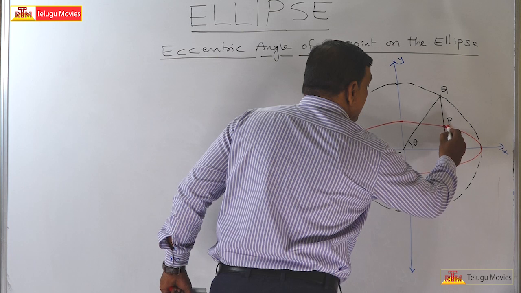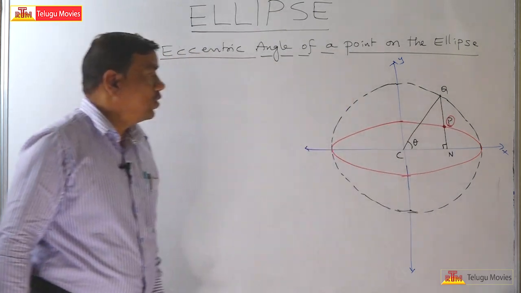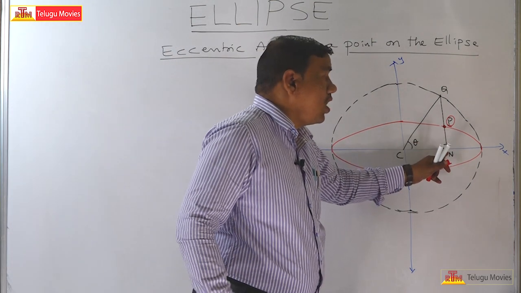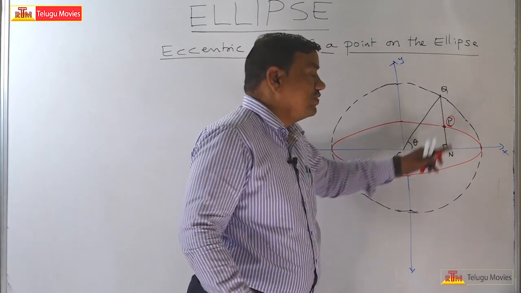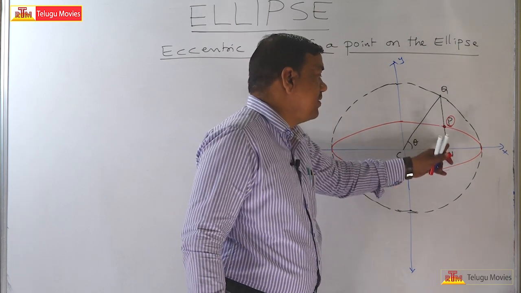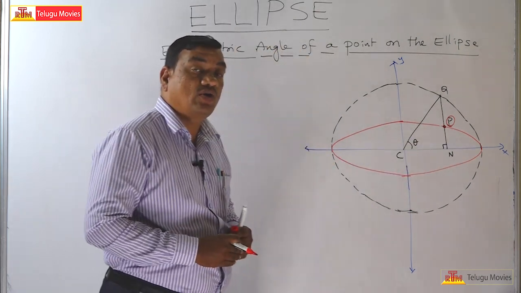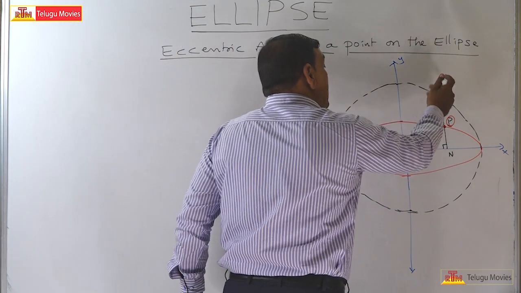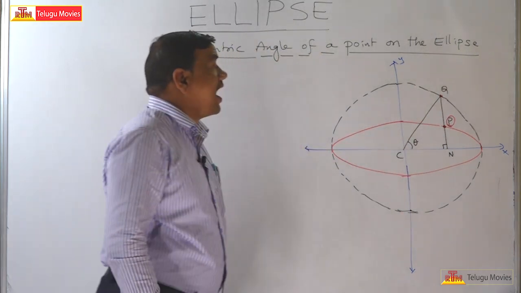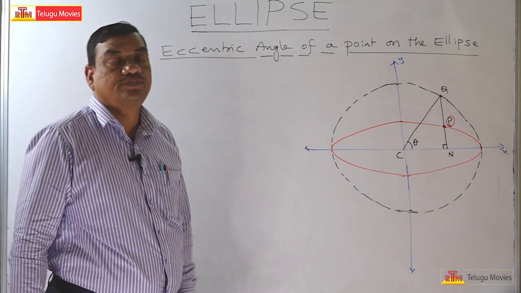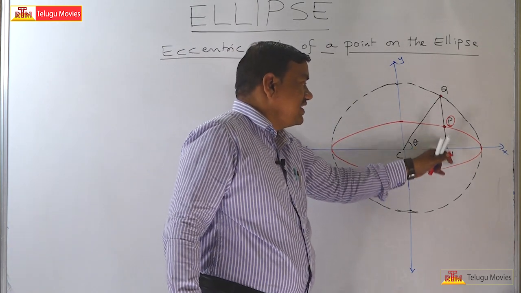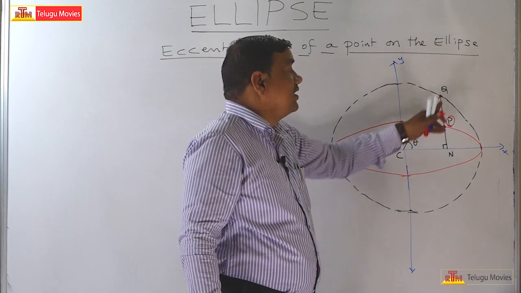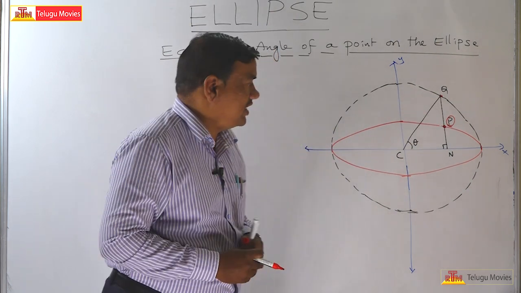Let us drop a perpendicular PN on the major axis, and extend this NP upward so that it intersects the auxiliary circle at Q.